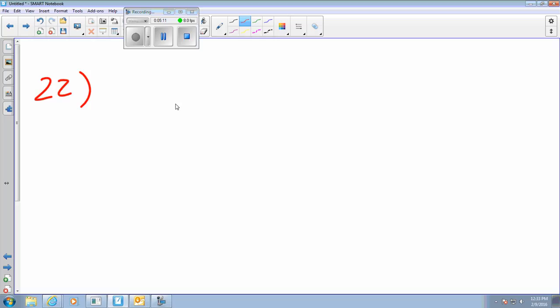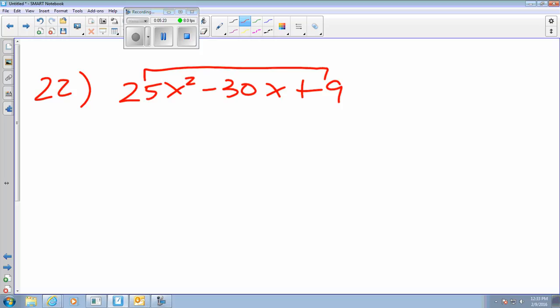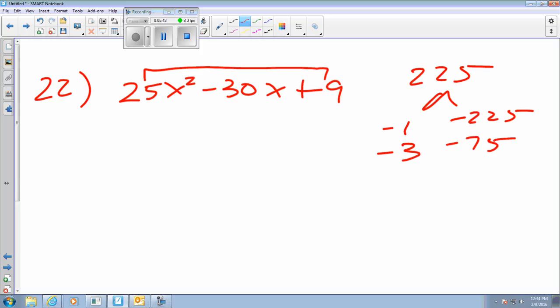22 is basically the same thing, but the numbers got really big on this one. So I'm going to see if I can come up with some numbers that work. I may have to use a calculator here, so you'll hear a pause. 25 times 9 on my calculator gives me 225. I know I'm looking for negative factors, so I'm going to start out at negative 1 and negative 225. Negative 3 and negative 75.